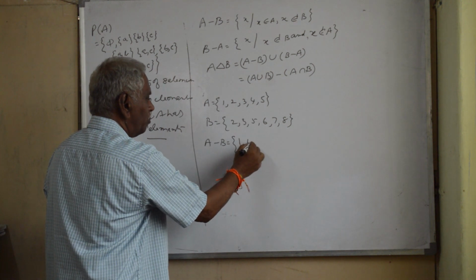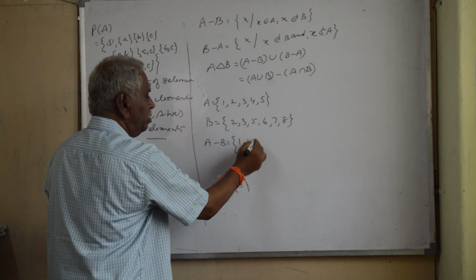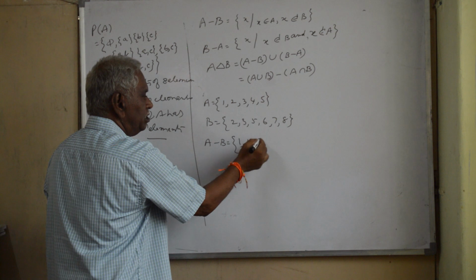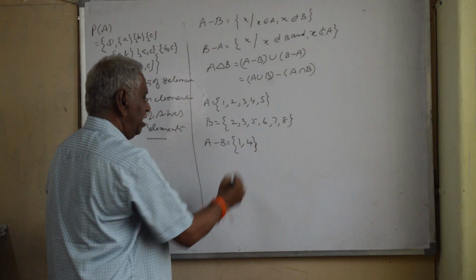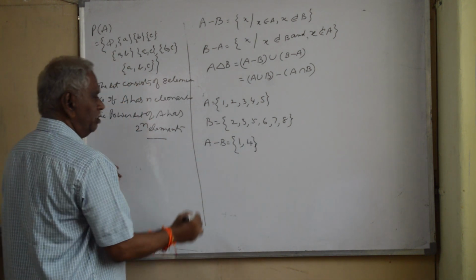We take 4. And 5 is also in both. So A minus B is equal to {1, 4}.